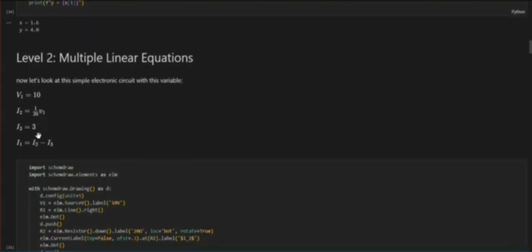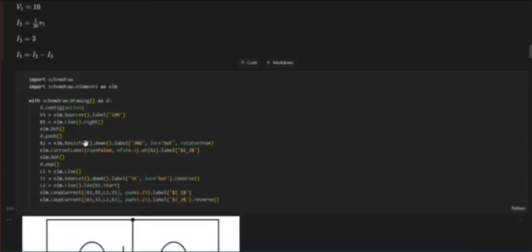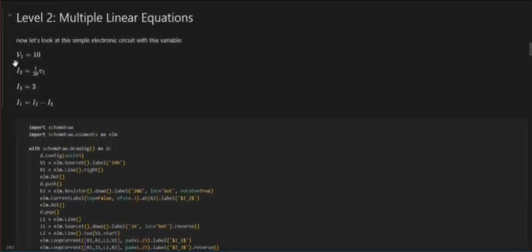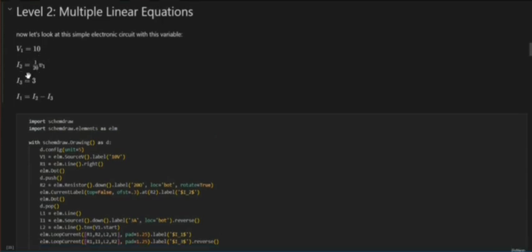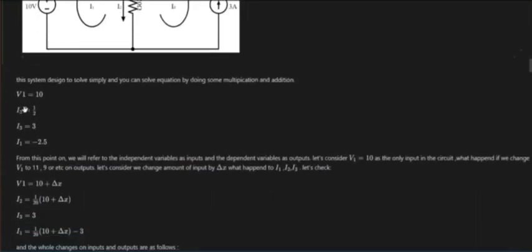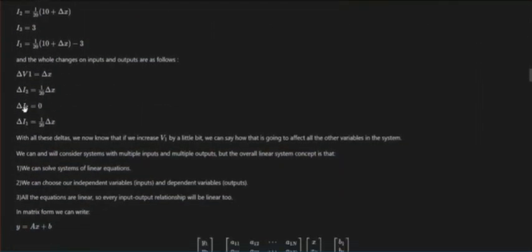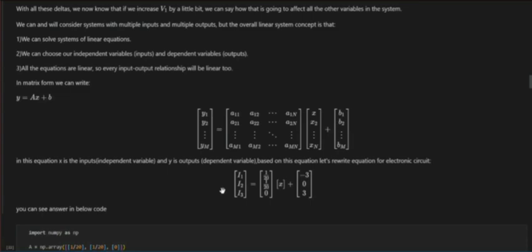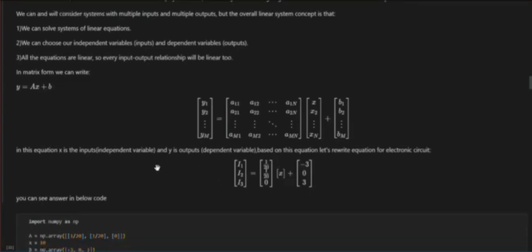For example, an electrical circuit like this, with V1 equal 10, I2 equal 120, V1, I3 equal 3, and I1 equal I2 minus I3. And we can transform it to y equals Ax plus b, and after that solve the matrix form like this.